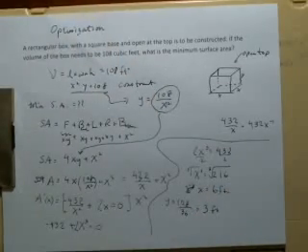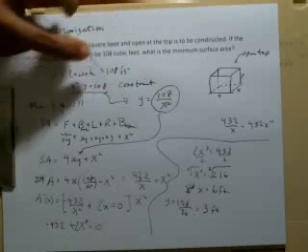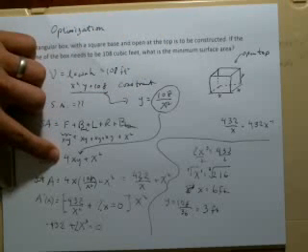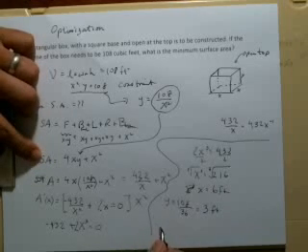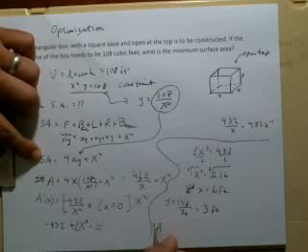Now, they want the minimum surface area, and here's the surface area. We just plug it into this equation right over here, and hopefully that will minimize the surface area.